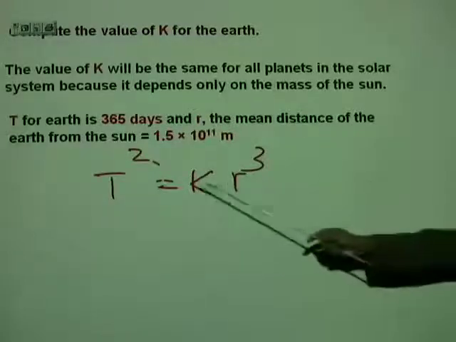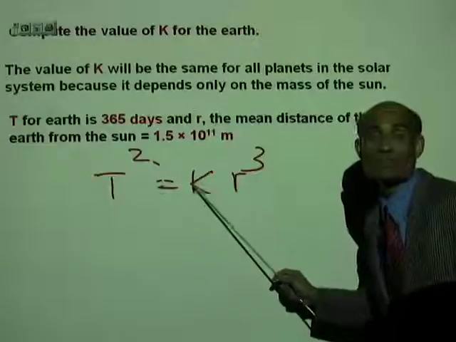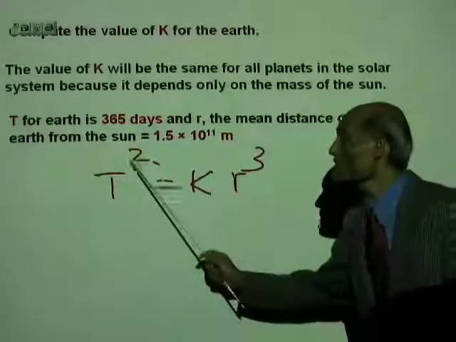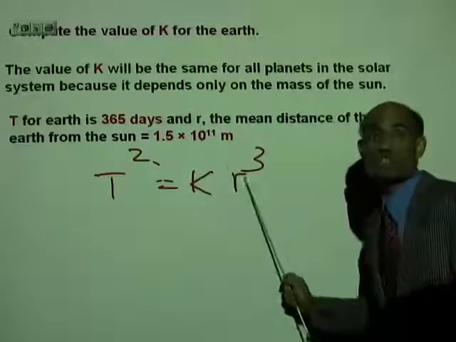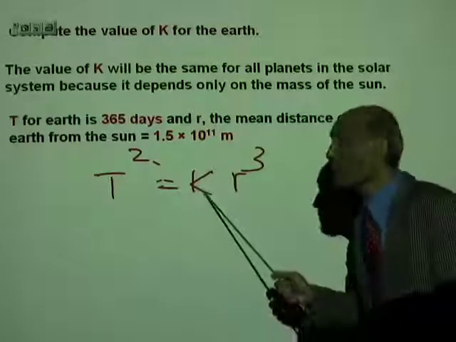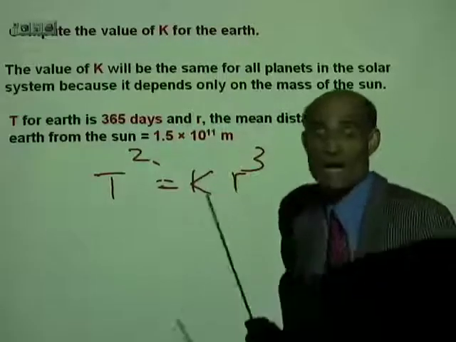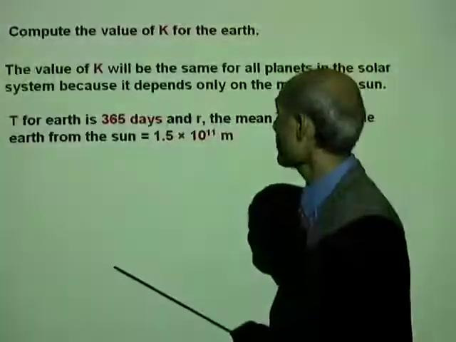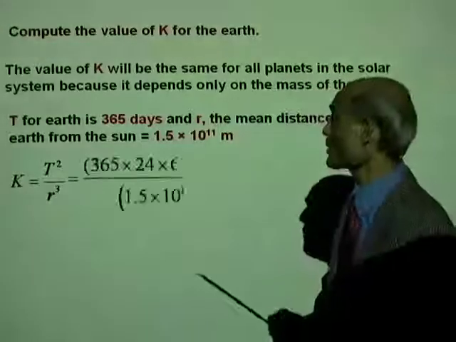Is that right? This is the statement of the third law. T squared equals K R cubed. We know the period of the Earth. We know the average distance of the Earth from the Sun. Therefore, K equals T squared divided by R cubed. All right. K equals T squared divided by R cubed.